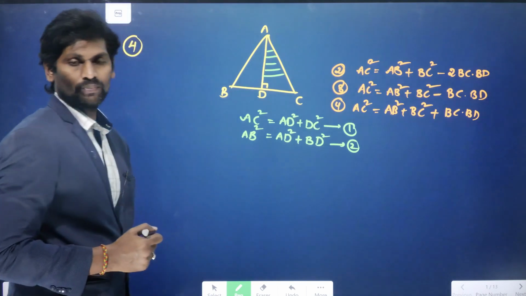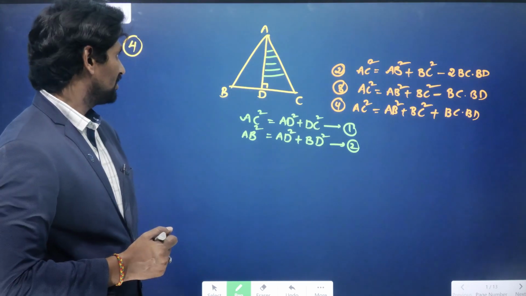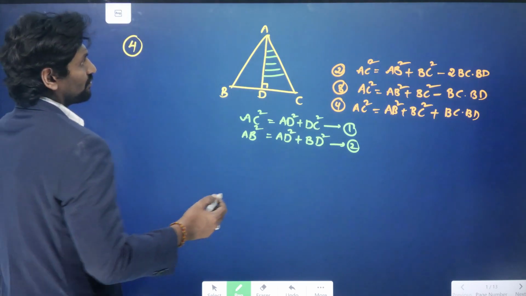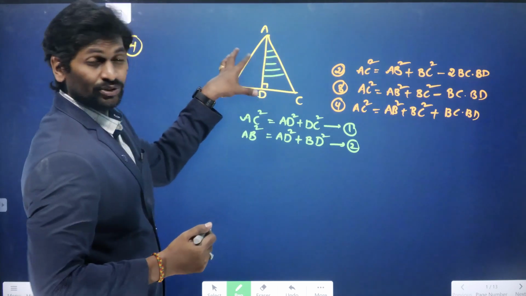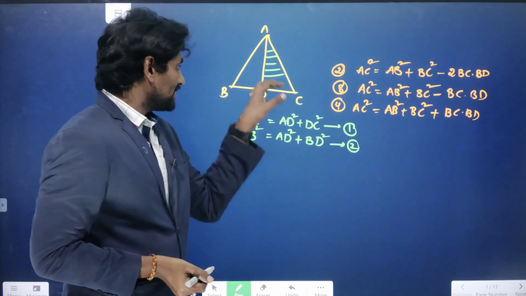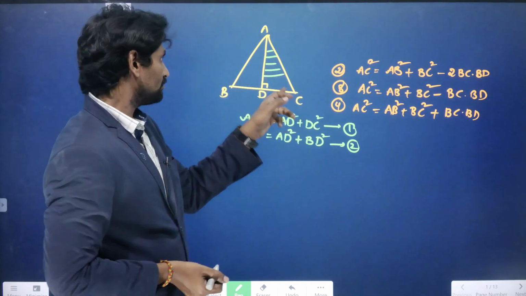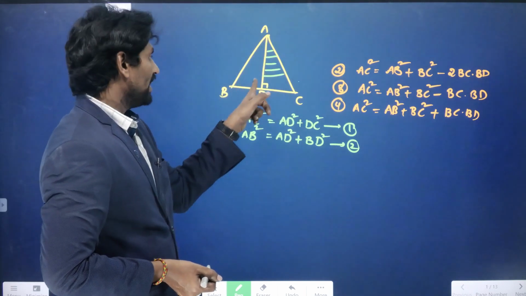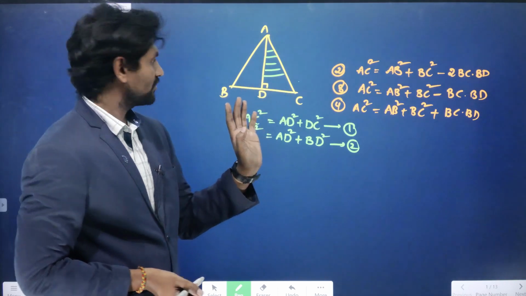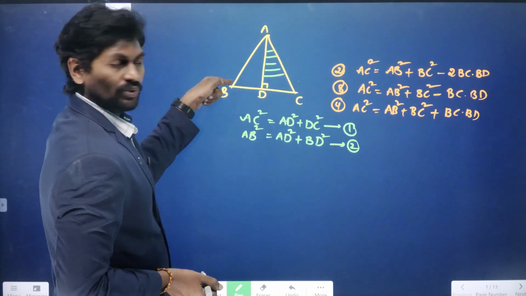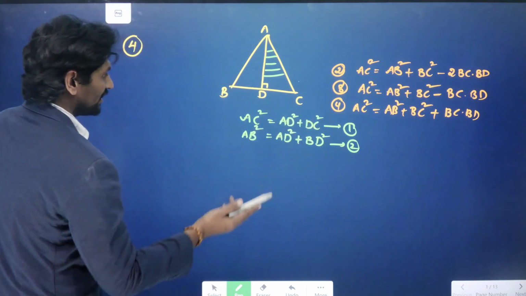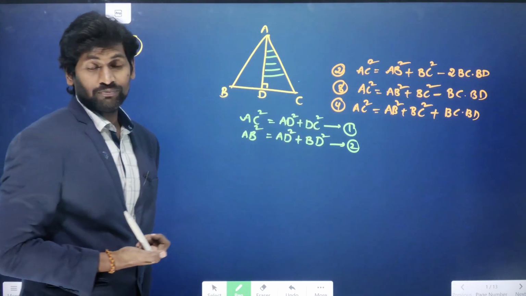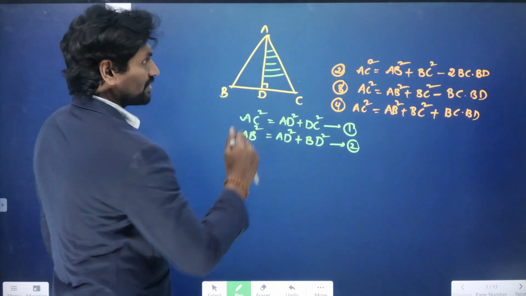Equation number 2. So I divided this triangle into two right angle triangles and applied the Pythagoras theorem. Now from 1 and 2, what is the common term we can observe? AD square is the common term.